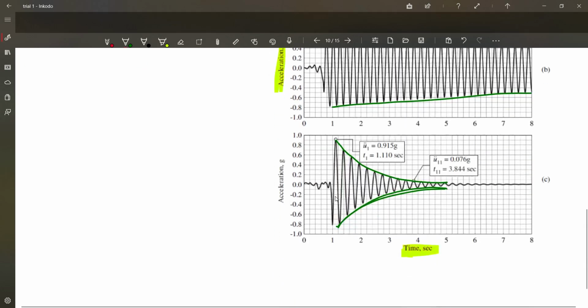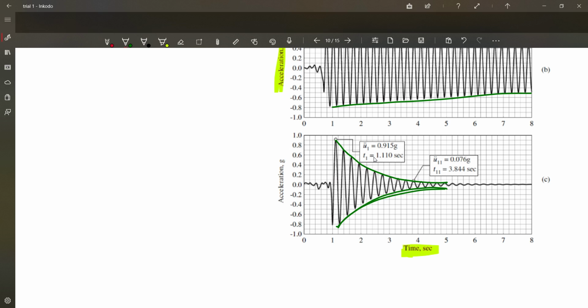Take care, because we are going to use this one as one of the examples with numbers. For example, at the beginning of motion, u double dot was almost 0.9 g, and t1 was almost 1.1 seconds.